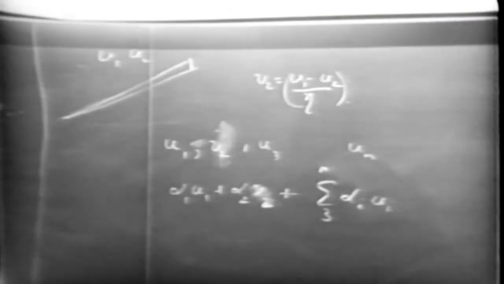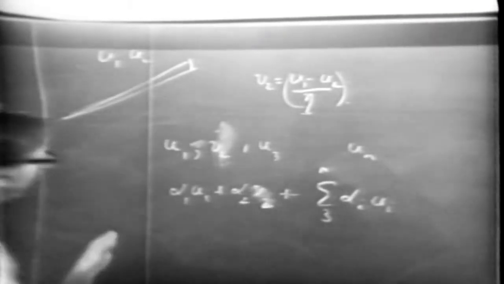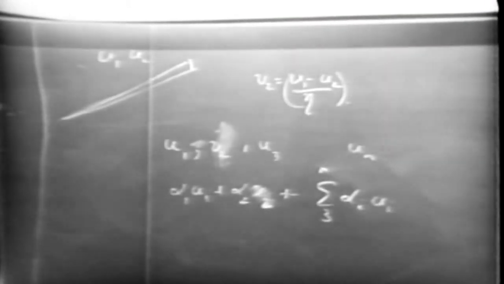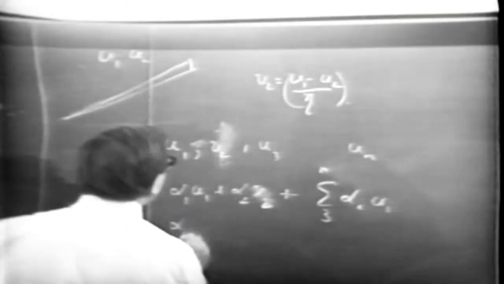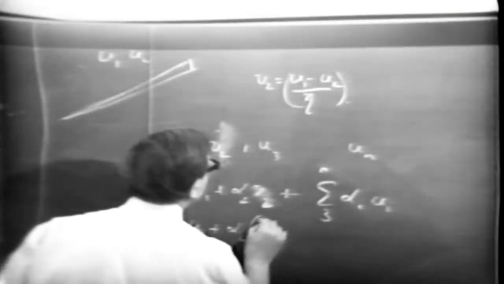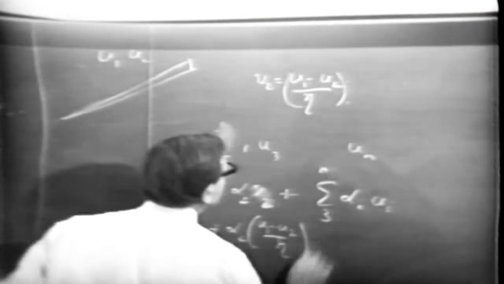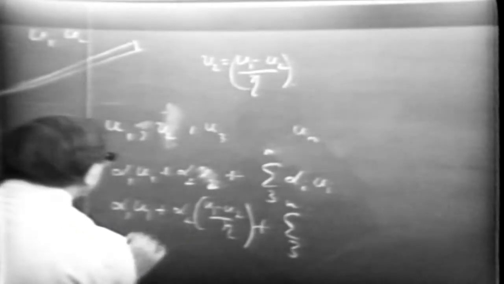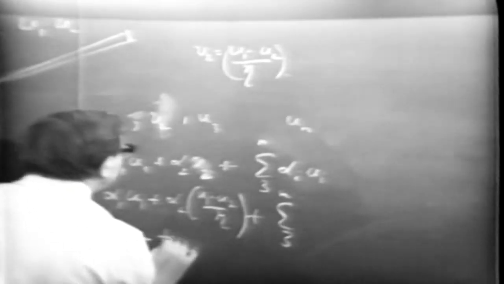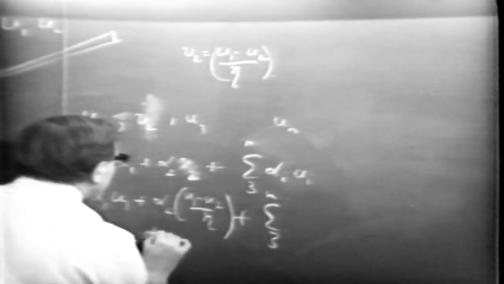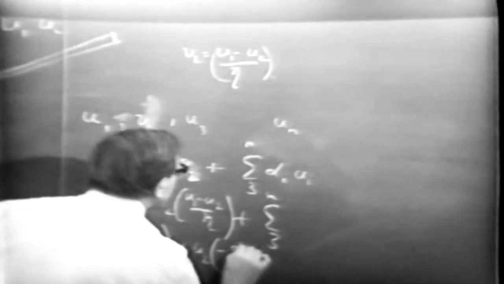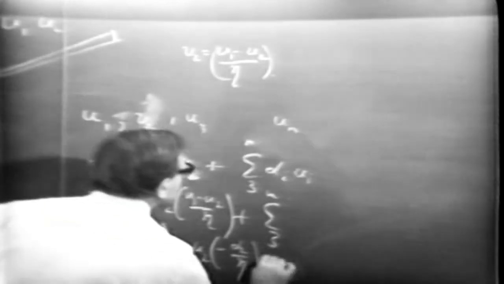But now, in order to see what will happen when we do inverse iteration, and remember I'm talking about exact inverse iteration, I have to go back to my u's, because unless I've got it in terms of the u's, I can't see the effect of one inverse iteration. And this becomes α1 u1 plus α2 (u1 − u2)/η plus the sum from 3 to n. And this is now u1 into (α1 + α2/η), minus... plus u2 into (−α2/η), plus the sum from 3 to n.